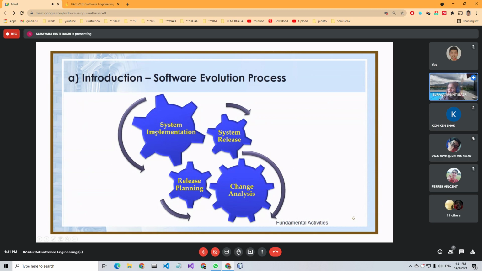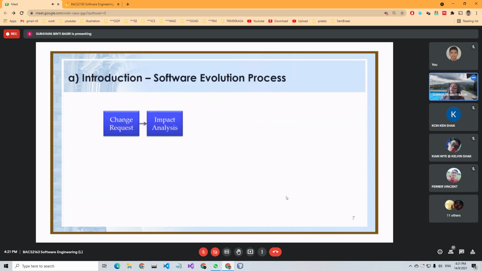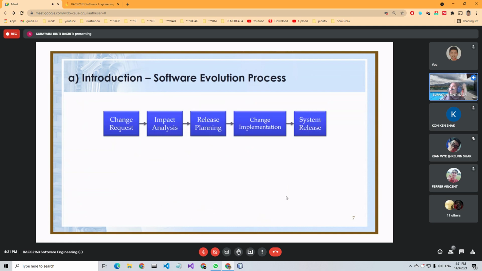Okay, so remember these four processes. These are the details of what is happening. First, we receive the change request from anybody, even the software company itself may request a change. Maybe when they are exploring the system, they see that some process can be simplified.